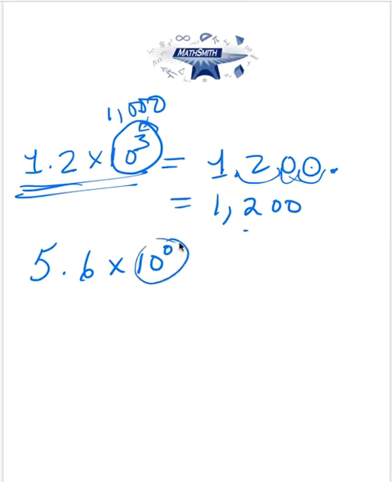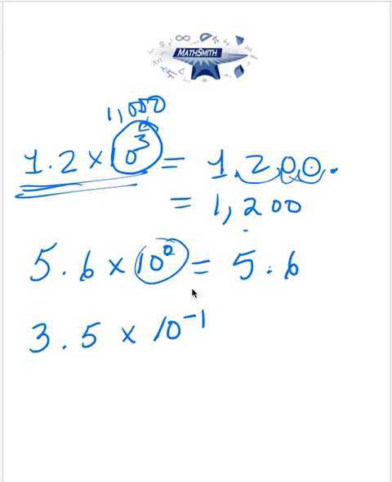All right, 5.6 times 10 to the 0 power. Well, what is anything to the 0 power? That's a fancy way of just saying 1, right? So 5.6 times 1 is 5.6. Nothing changes there. The decimal place, in other words, moves nowhere. It just stays put. And then 3.5 times 10 to the negative 1 power.